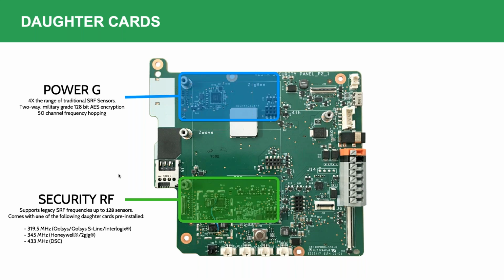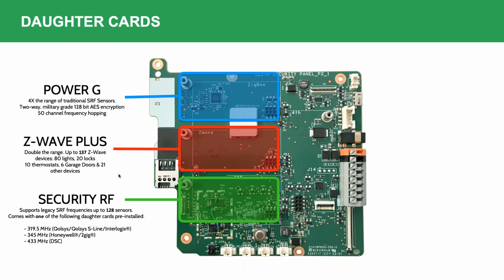That's all on 319.5, and that's our flagship bread and butter panel. But with the needs we saw in the industry with takeovers and whatnot, we also make 2 other panels. We make one that has the 345 card, so you can take over Honeywell and 2GIG sensors, and we also make a panel with the 433 for legacy DSC.